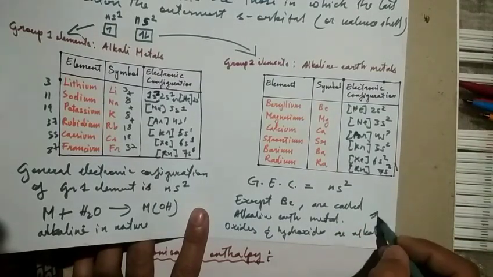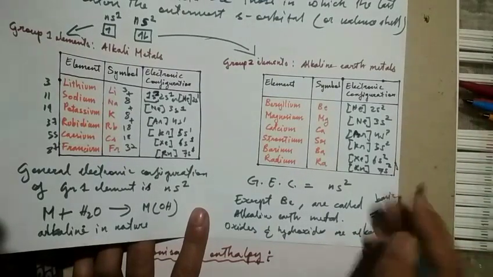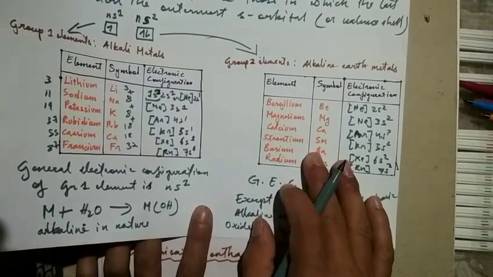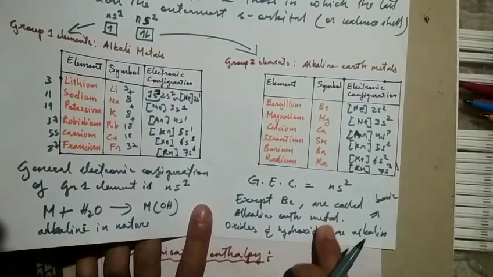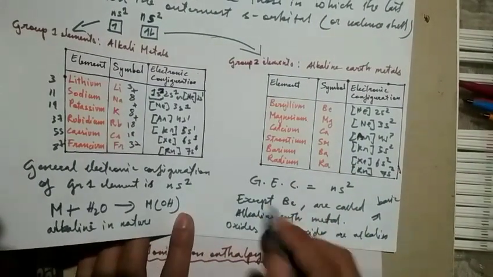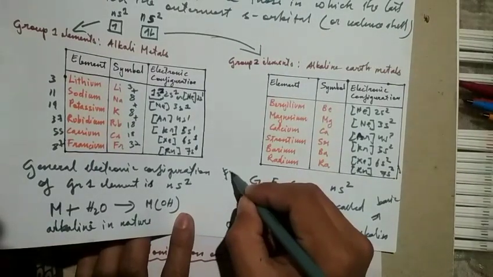That means they are basic. They are found in Earth's crust.